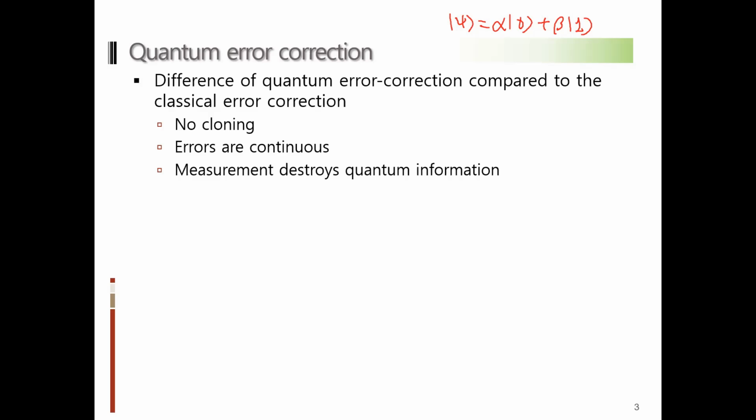However, for quantum information, error correction didn't seem to be possible because of this analog-like situation. So many people were pessimistic.